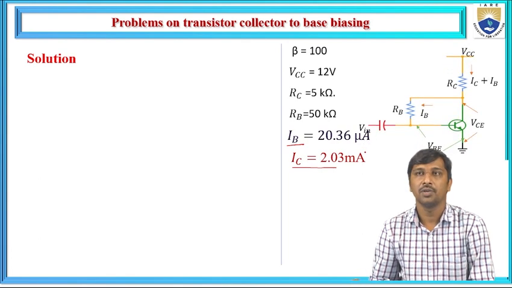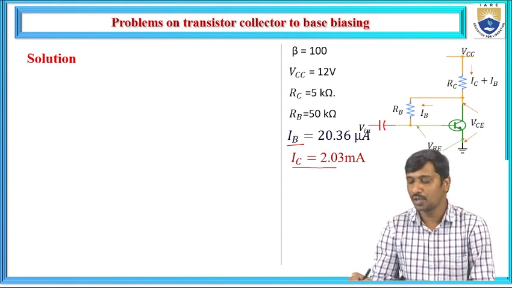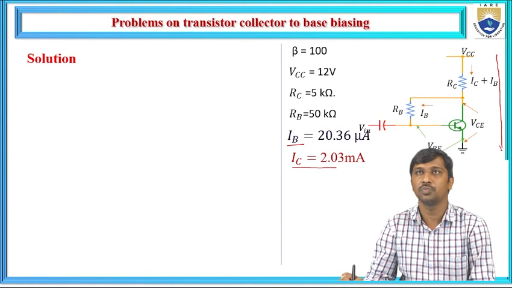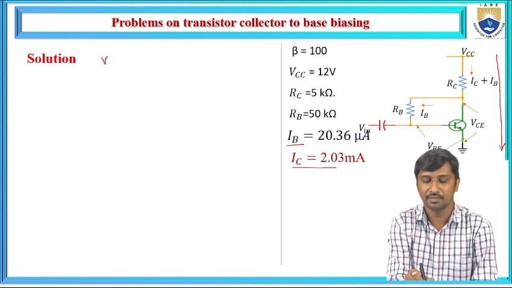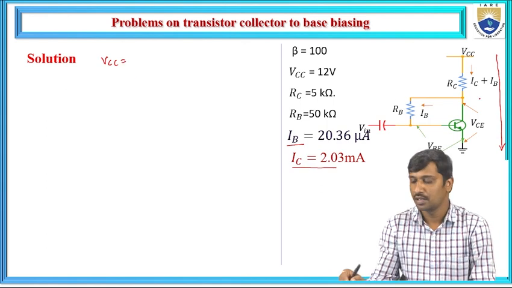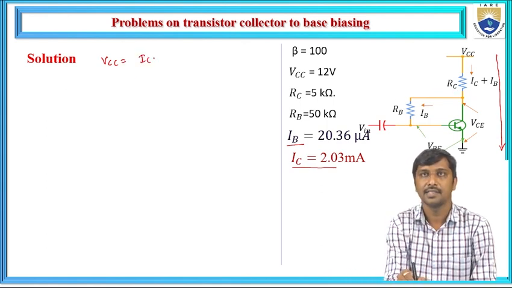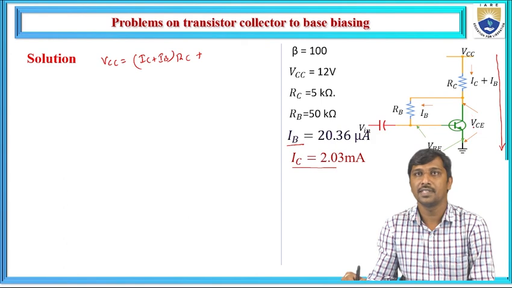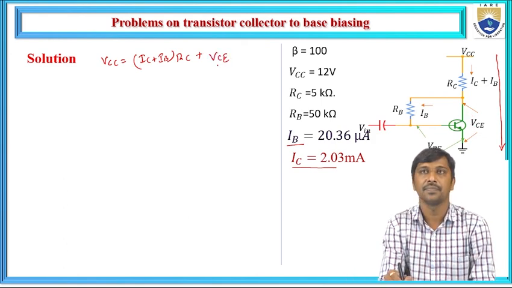Now we need to find the output voltage, that is VCE. To find this VCE parameter, apply KVL at the output side. From this output loop, we write VCC is equal to the voltage drop across the collector resistance, IC plus IB times RC, along with the potential difference between collector and emitter, VCE.